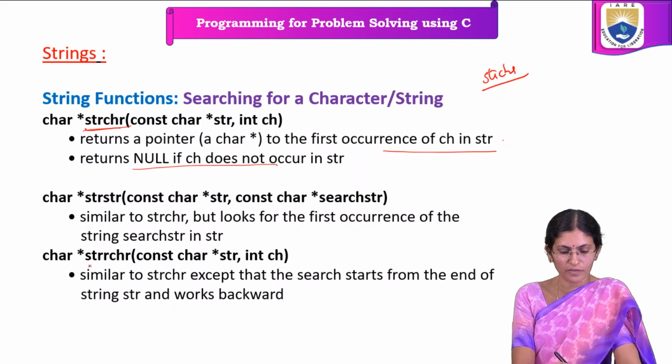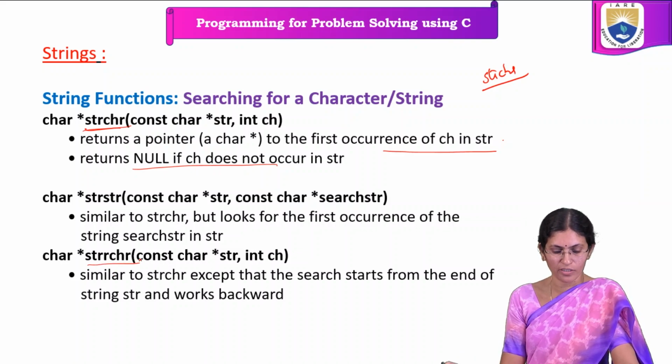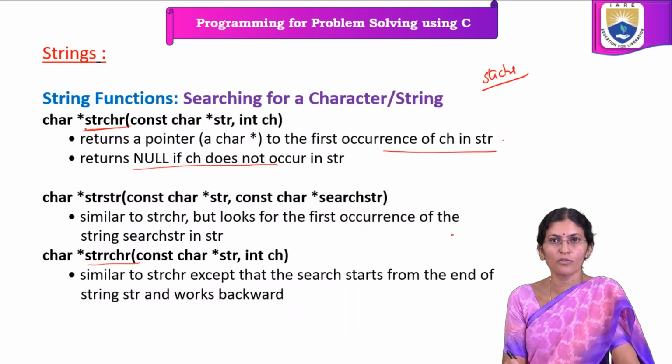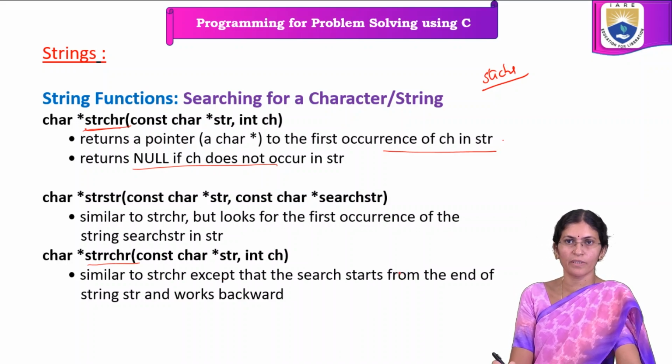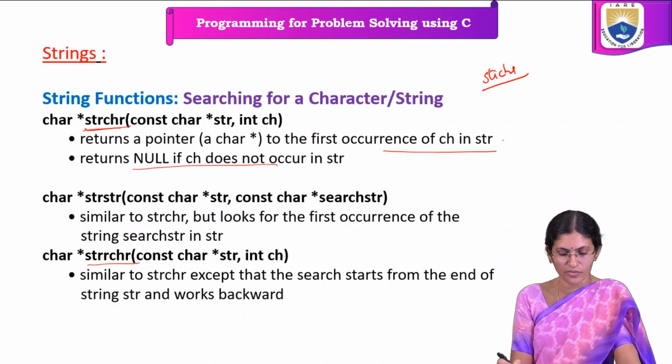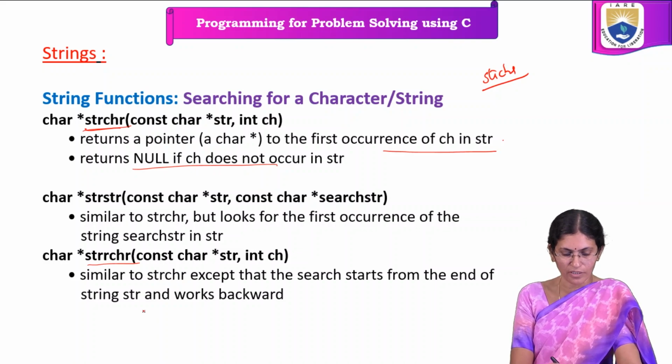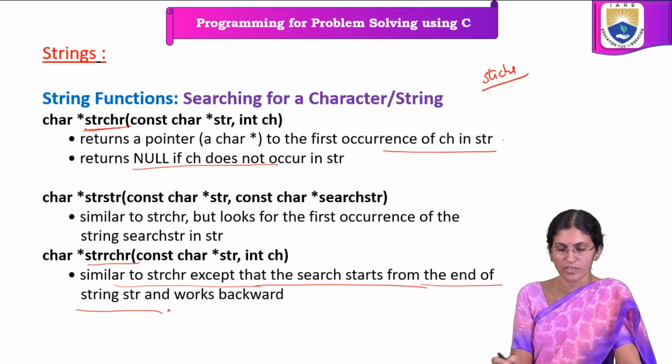Now another variation of this is strrchr. What it does is it also checks whether a particular character is there in the string or not, but the way it searches is different. It searches from the end of the string. Similar to strchr, except that the search starts from the end of the string str and it works backwards.